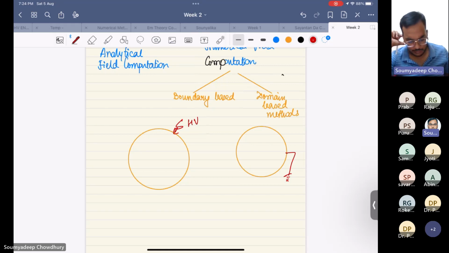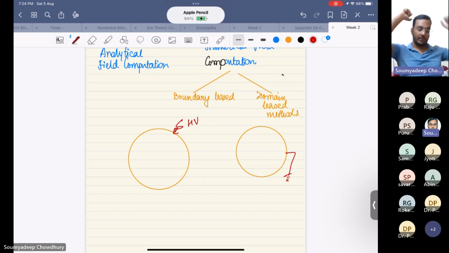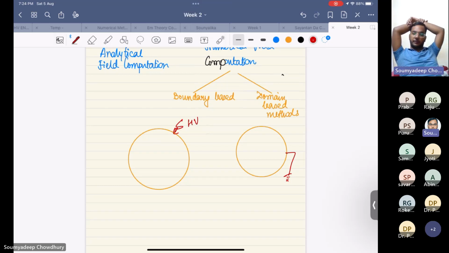First you need to understand why we want to do numerical. The basic difference between numerical field computation and analytical field computation is that analytical field computation can only be applied where we have a particular shape, a particular empirical formula which is well established for that kind of geometry.